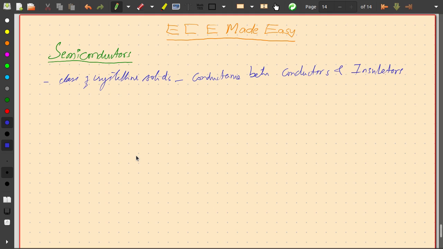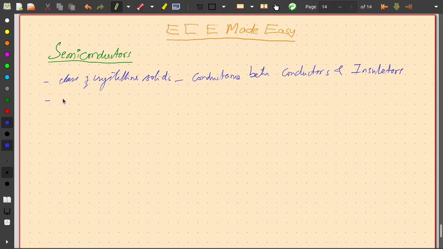That's a common way of explaining what a semiconductor is, but more than this definition, we have looking at a periodic table.